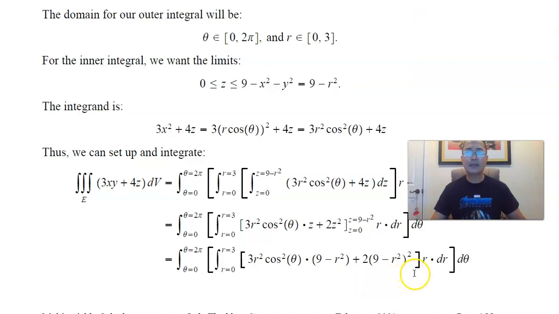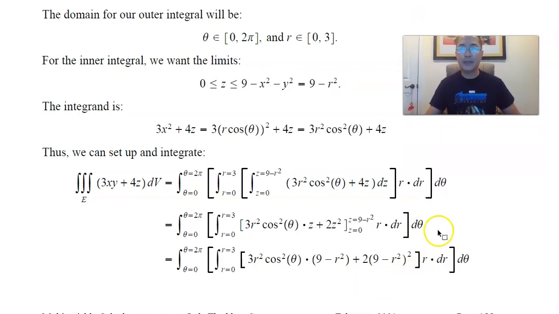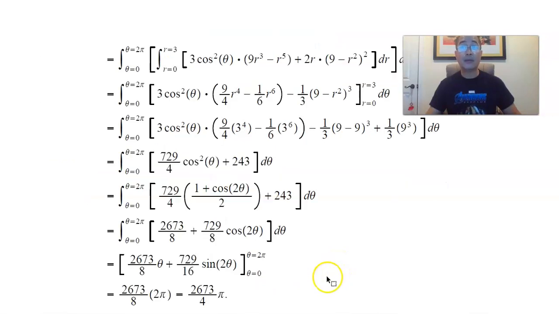So I changed my mind. Instead of going to the next page right away, I wanted to show you that r will combine with the r squared, give you r cubed, but it's going to be shared with the 9 and the r squared. So r cubed goes with the 9 r cubed, and with the r squared, so r to the 5th power.